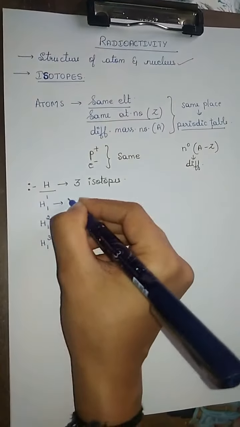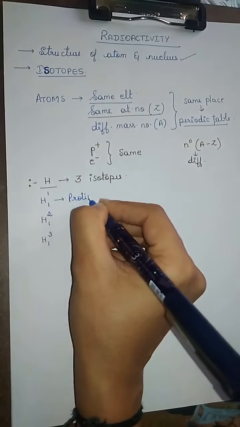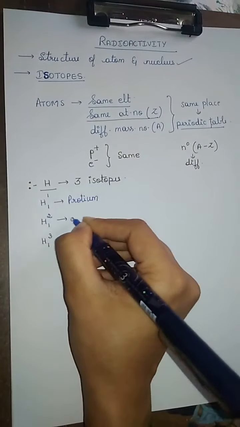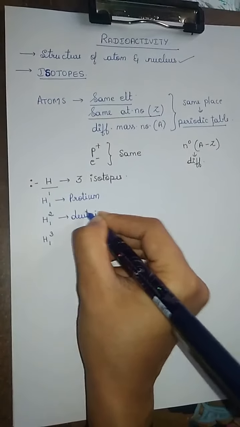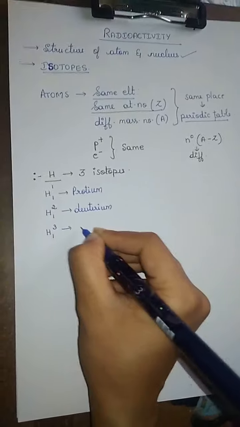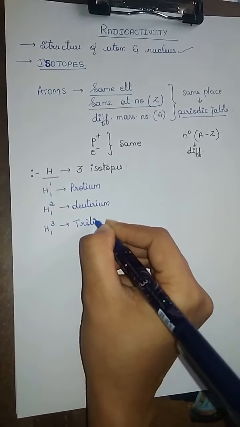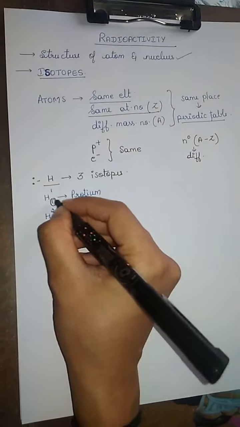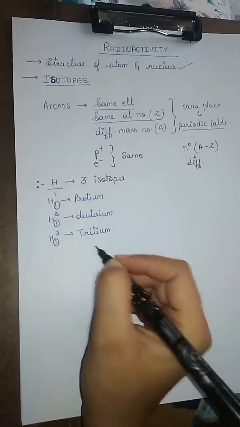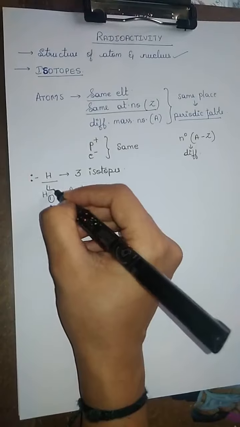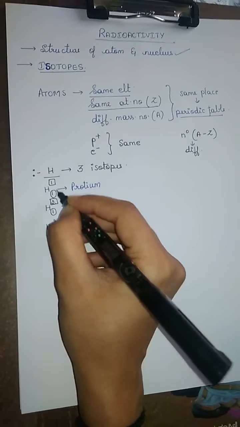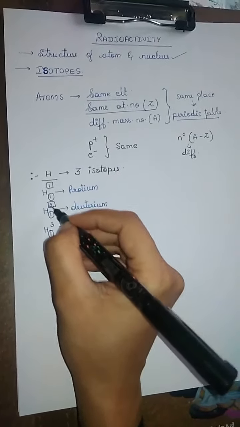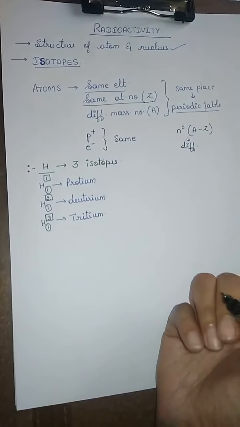The first one is called protium, the second one is called deuterium, and the third one is called tritium. As you can see here, the atomic number is the same, that is 1, but the mass number is different: 1, 2 and 3.